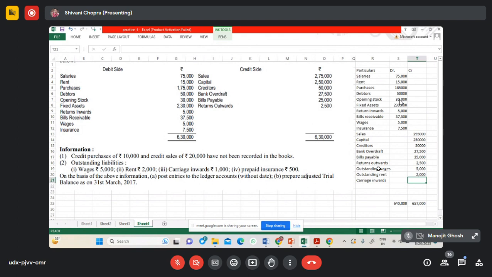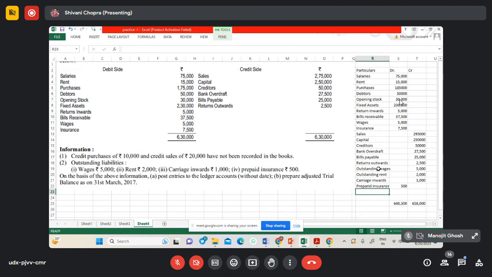Carriage inwards. Prepaid insurance. How should I take prepaid insurance? Debit balance. Paid.